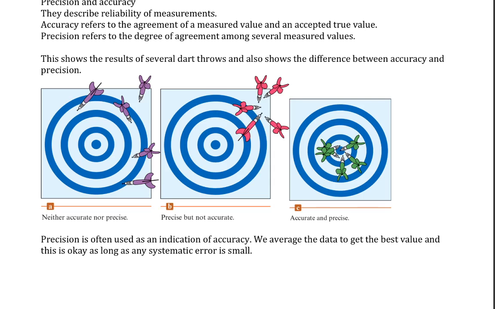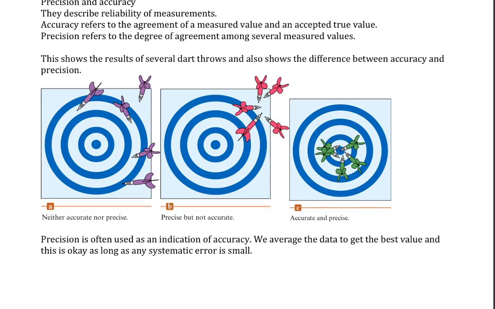The middle one, the red darts, are not spot on, so the accuracy is low, but at least the precision is fairly high because they're close together. In the green dart example, they're spot on, very close to the accepted true value, and also very close to each other. So we would say they're both accurate and precise.